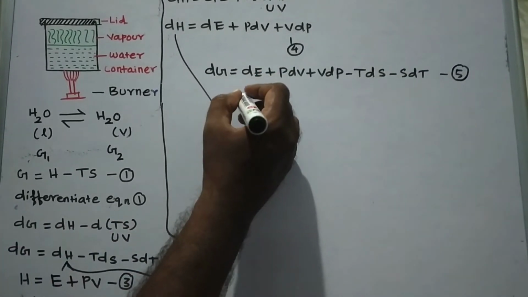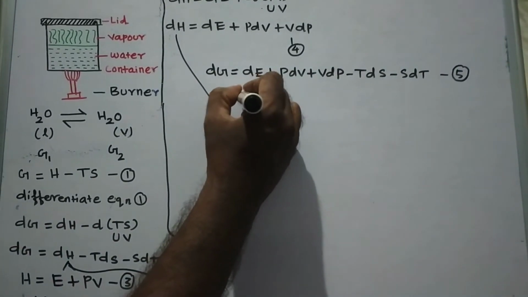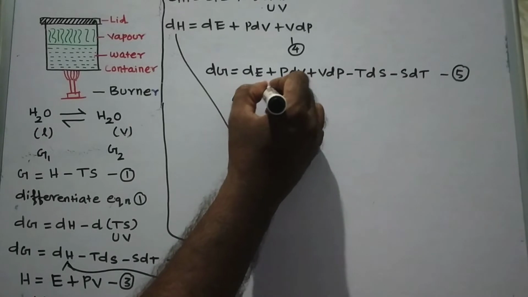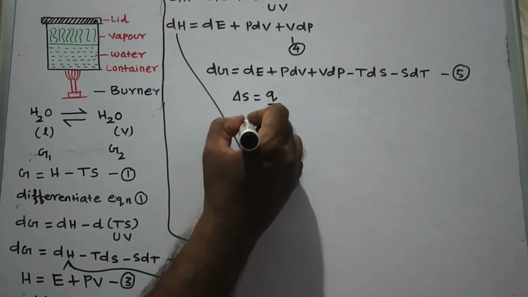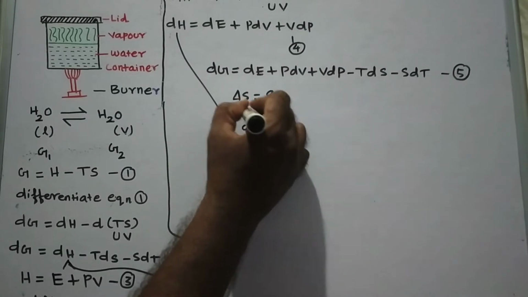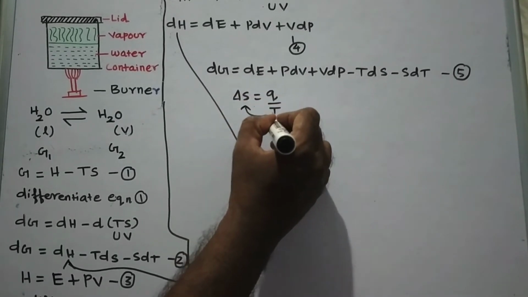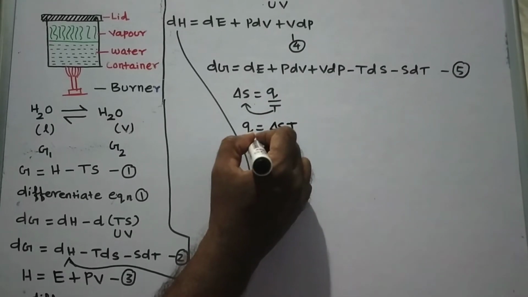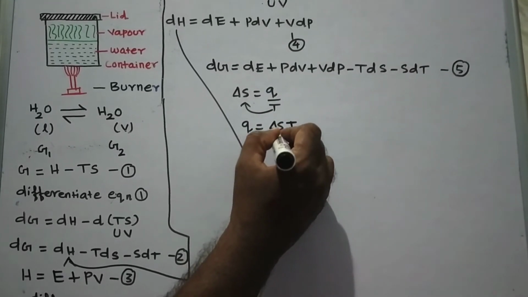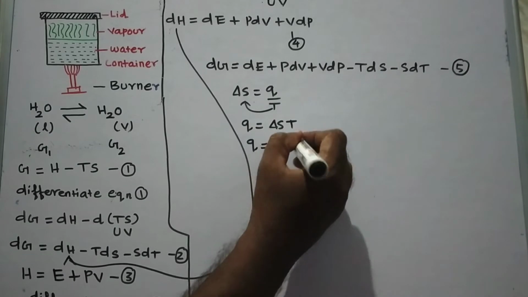Okay, it's well known that delta S is equal to Q by T, where Q is equal to delta S into T. Therefore Q becomes T dS.